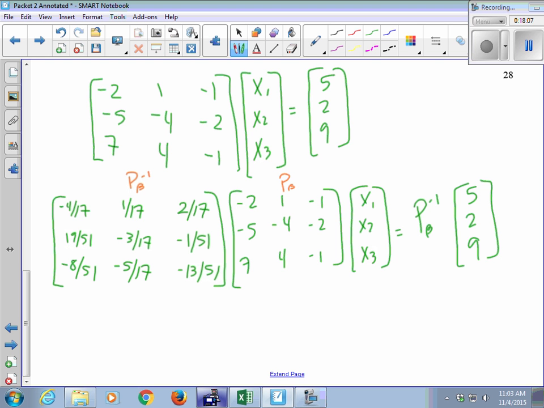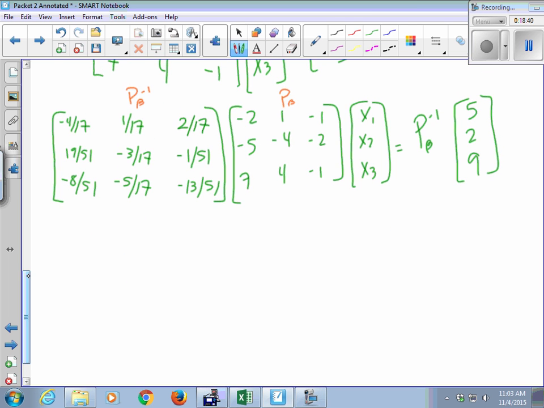Beta is just the basis as a list of vectors. P sub beta is the change of basis matrix. P sub beta inverse is this whole matrix. I just didn't want to write it again, so I wrote it as P sub beta inverse.